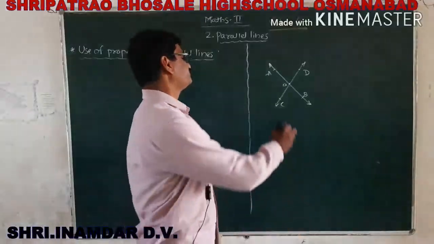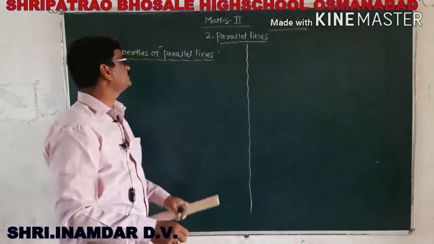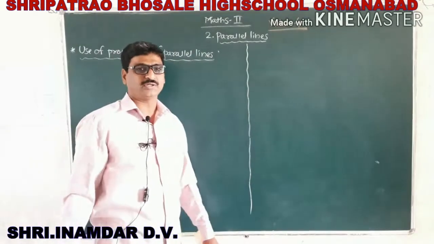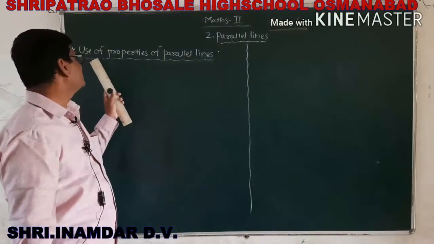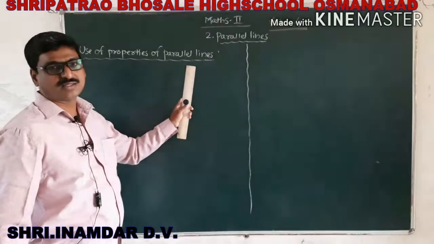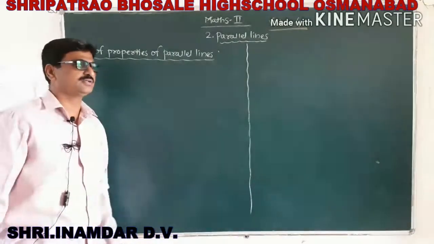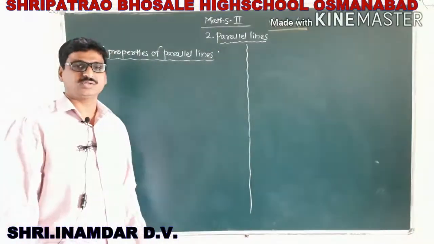Okay. So in this video we will see the next point after practice set 2.1: use of properties of parallel lines. This is your next point after practice set 2.1.